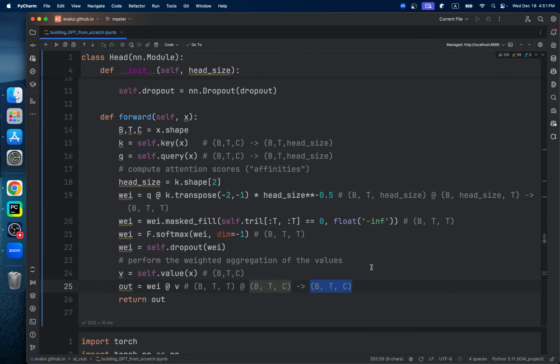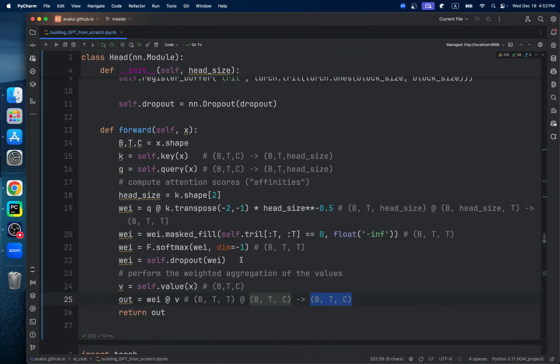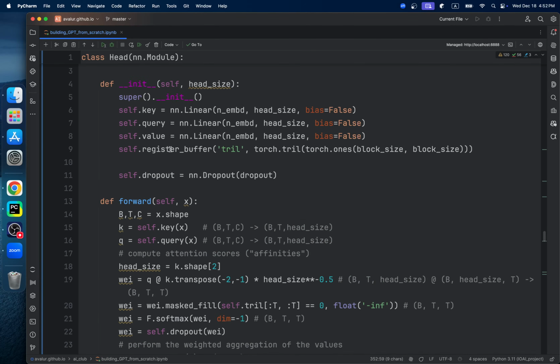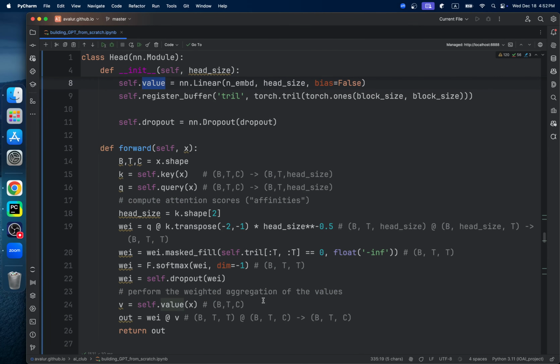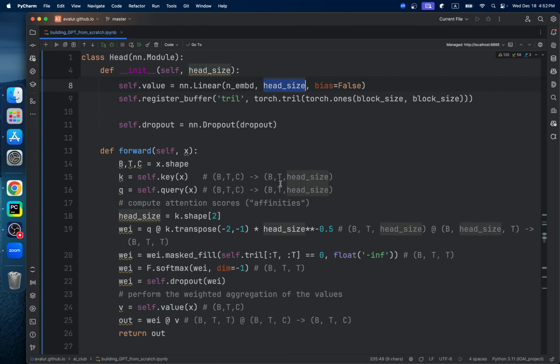So X is BTC, and value of course is BT head size, as are key and queries.